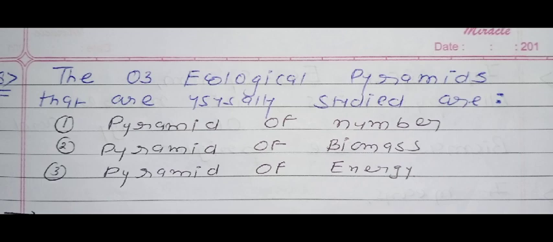So in this question we are going to learn about all three types of pyramid. First of all we will understand the diagram of all three pyramids. You will remember the names of all three pyramids.